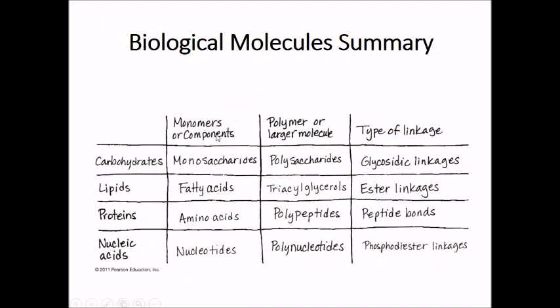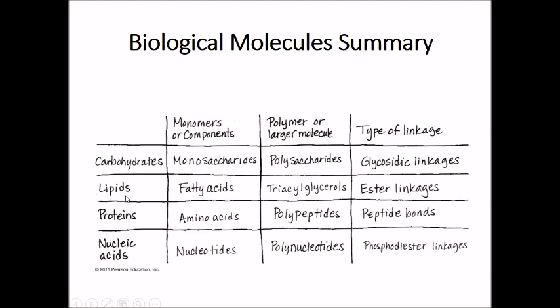Okay, what is the monomer of carbohydrate? The monomer of carbohydrate is monosaccharide. Lipids have no monomer, but they have a smaller component known as a fatty acid. The monomer of protein is amino acid, and the monomer of nucleic acid is nucleotide. And the polymer of carbohydrate is polysaccharide.